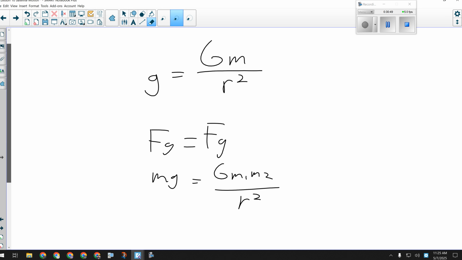So if I have something caught in Earth's gravitational field, it doesn't matter whether that something is 10 grams or 4 million kilograms, it is going to have the same gravitational acceleration at the same point. That is why the smaller mass will cancel.